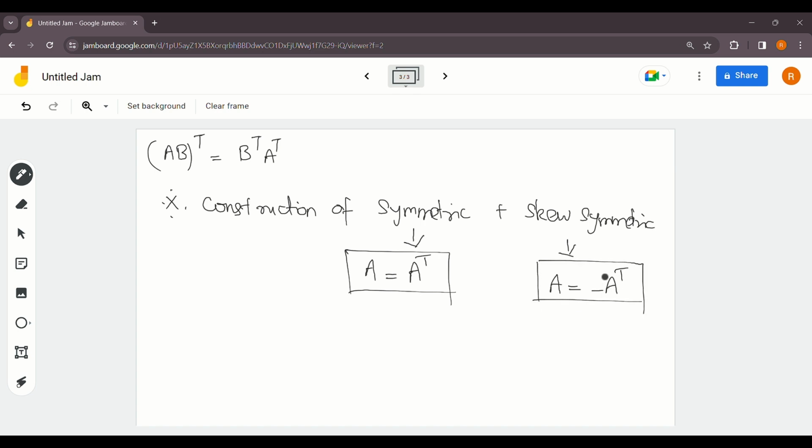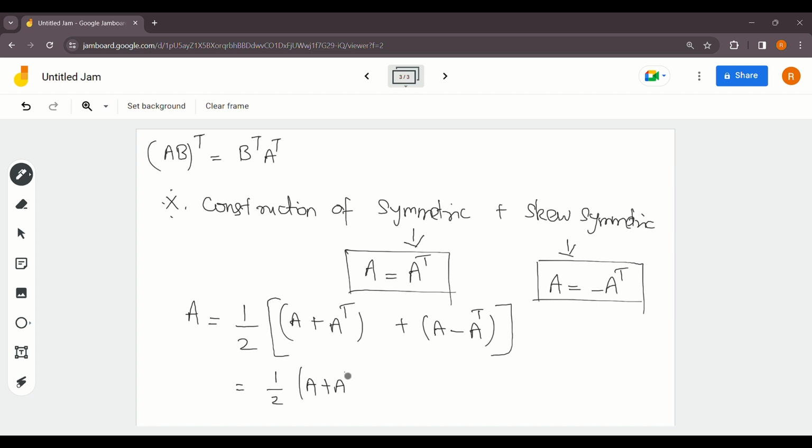Now, how to construct a matrix? A square matrix A is always represented by half into A plus A transpose, plus half into A minus A transpose.